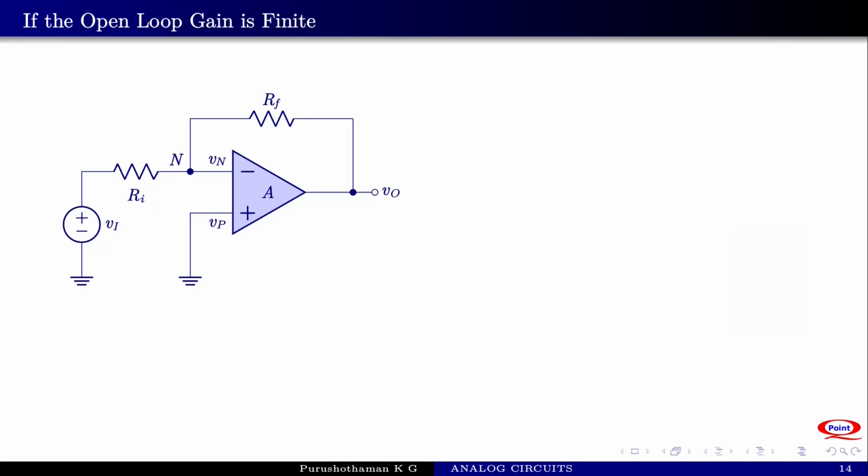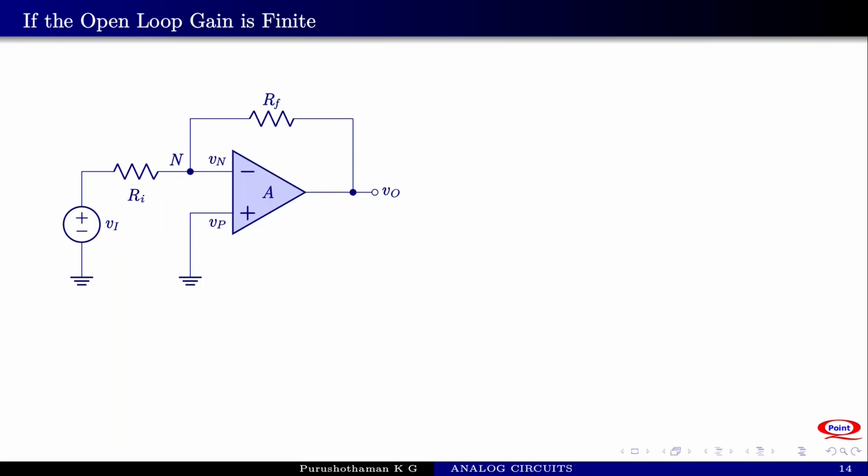So far we have seen that the operational amplifier has an open loop gain of infinity. What will happen to the expression for the gain if the open loop gain is not infinite, it is finite? Otherwise, for all the other parameters, the operational amplifier is assumed to be ideal.